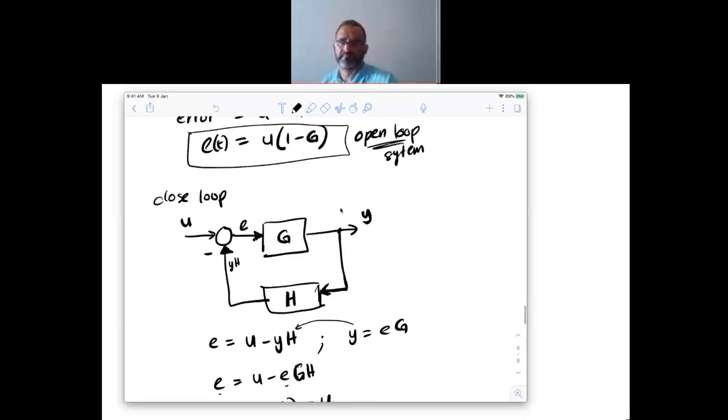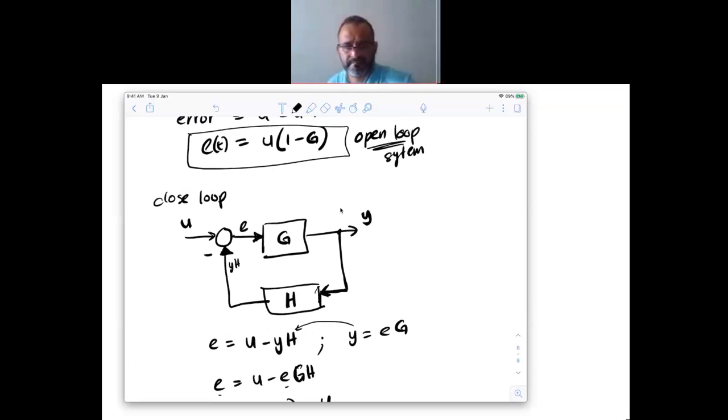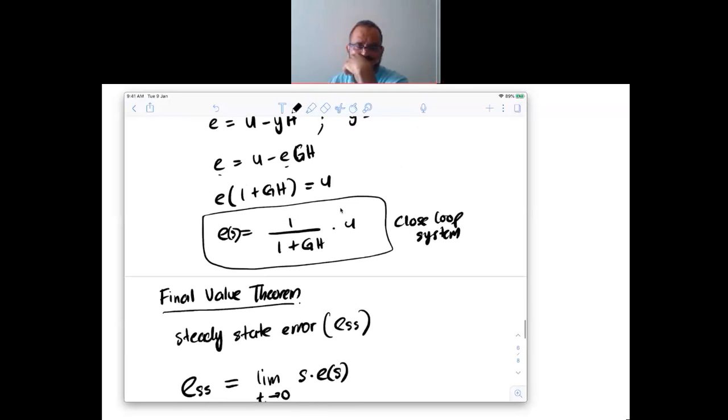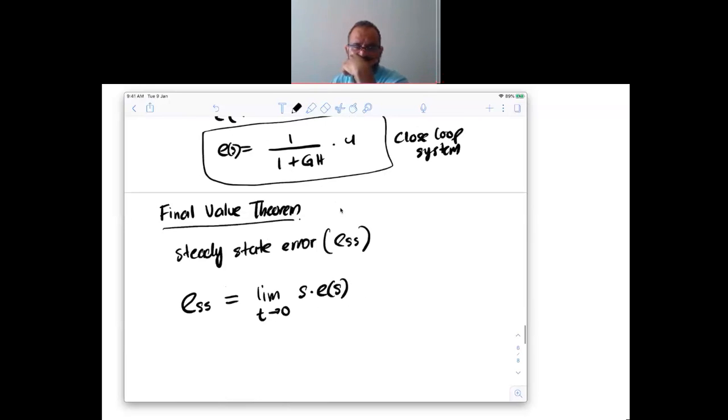For open loop, this is your ET, but if you take the Laplace transform of that, it will give ES equal to U times 1 minus G, with U in Laplace domain. So it's the same. All right, so for open loop, you have this as your ES. For closed loop, you have this as your ES. So that is the value that you're going to put there. Either open loop or closed loop, it depends on whether the system is open loop or closed loop.